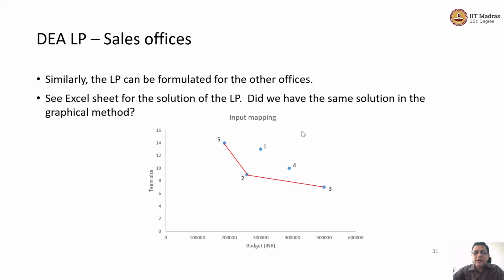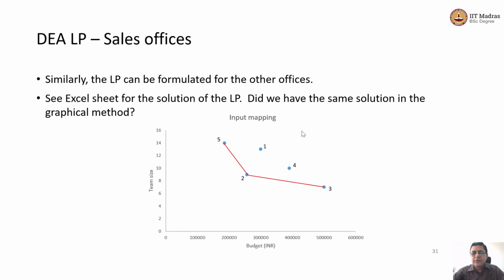But in this session, we are able to see why sales offices 5, 2 and 3 are actually on the frontier. They are on the frontier because they are able to report an efficiency of 1 for themselves. Whereas 1 and 4, when we let them have the freedom of solving their own problem, even then were not able to report an efficiency of 1.